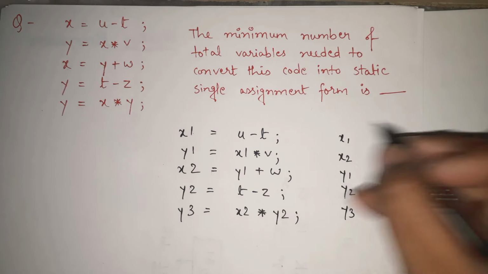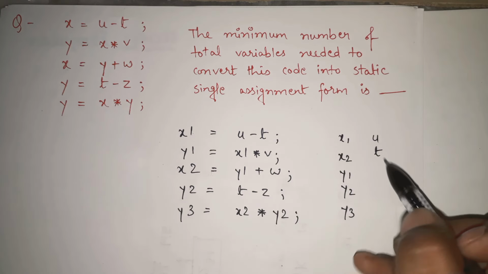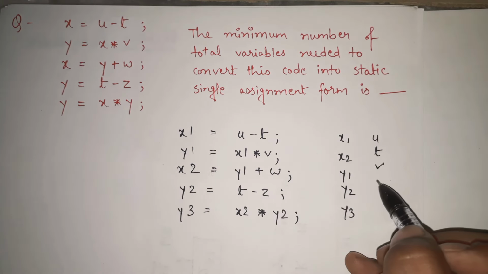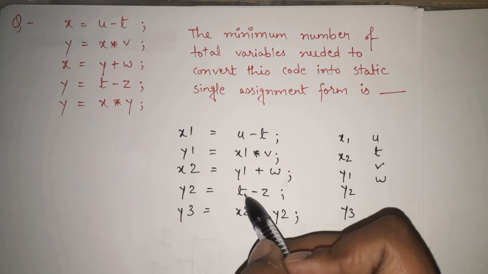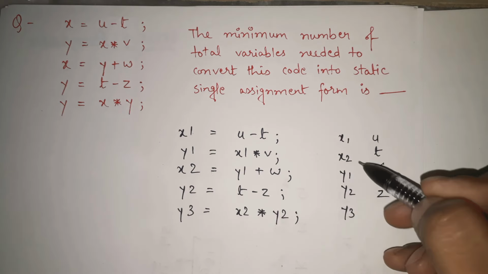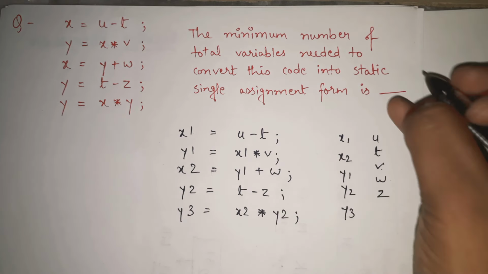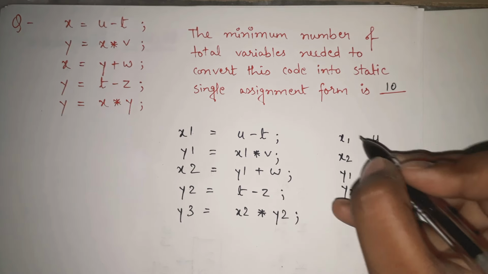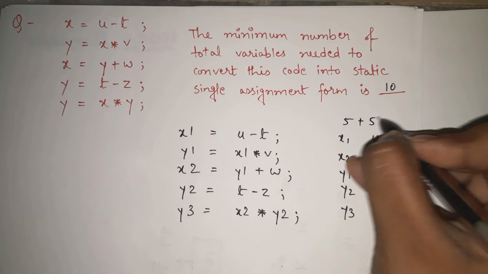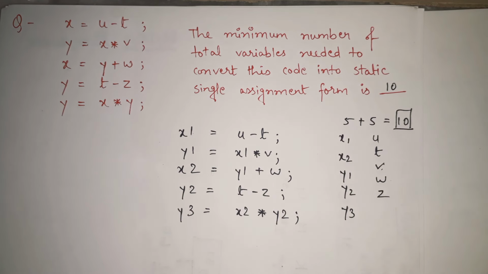Then the other variables: U, T, V, W, T is already there, Z, X2 and Y2 are already there. So that is 1, 2, 3, 4, 5 more. So 5 plus 5 equals 10, so 10 different variables are needed. Right? So our answer would be 10.